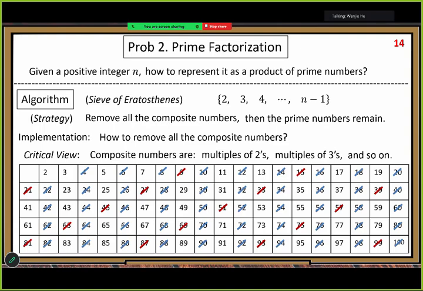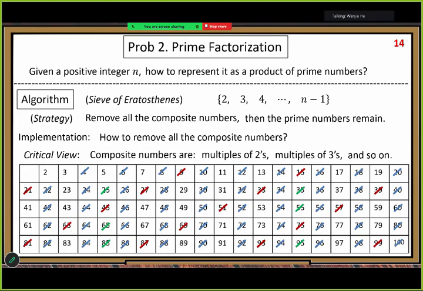Why? Later we will see, when we write the algorithm details and go through them. So we do not need to worry about the numbers before 25. So the third round, crossing out multiples of 5, starts from 5 squared.